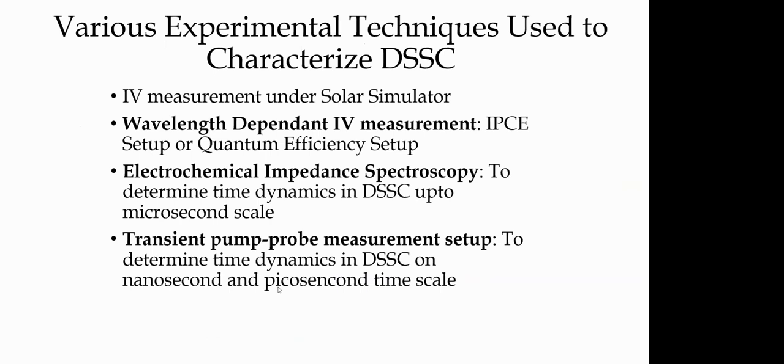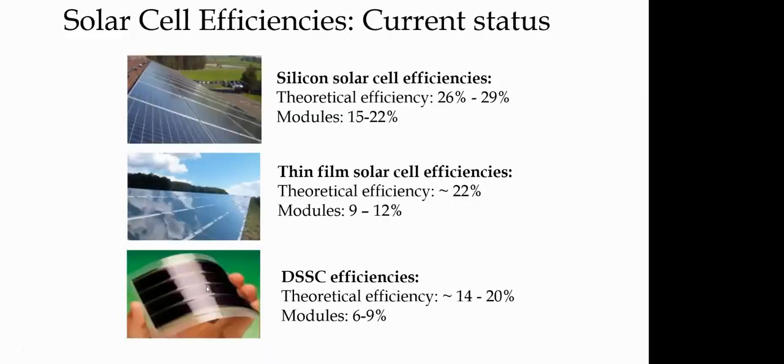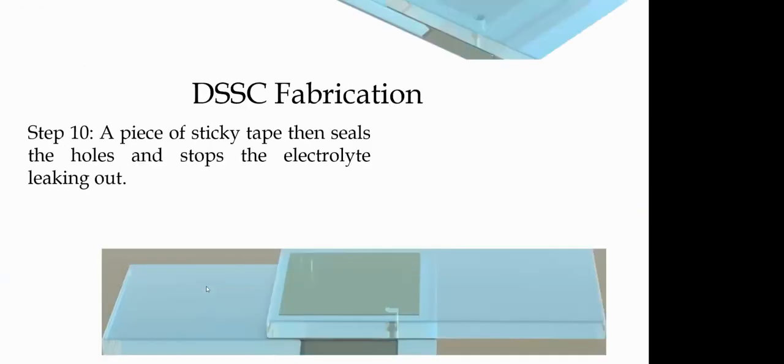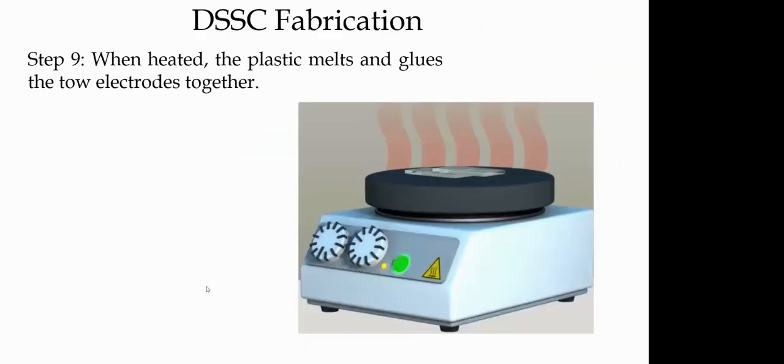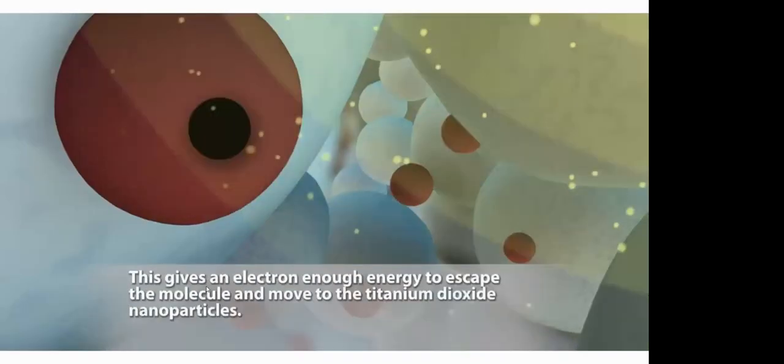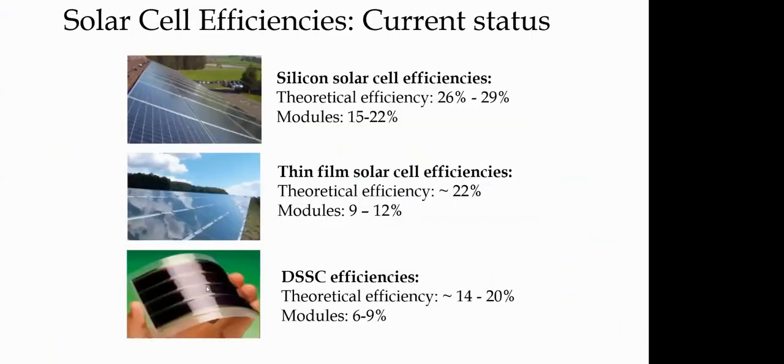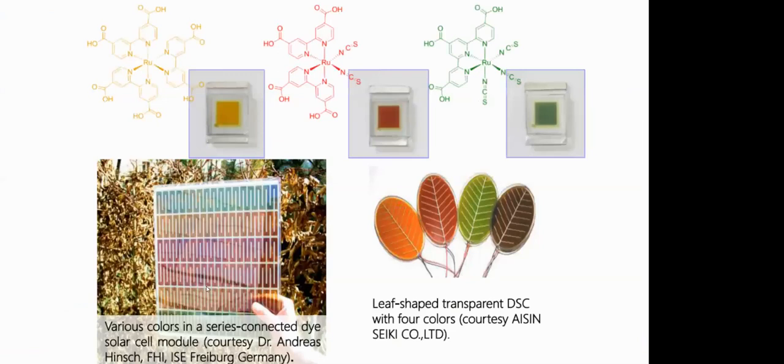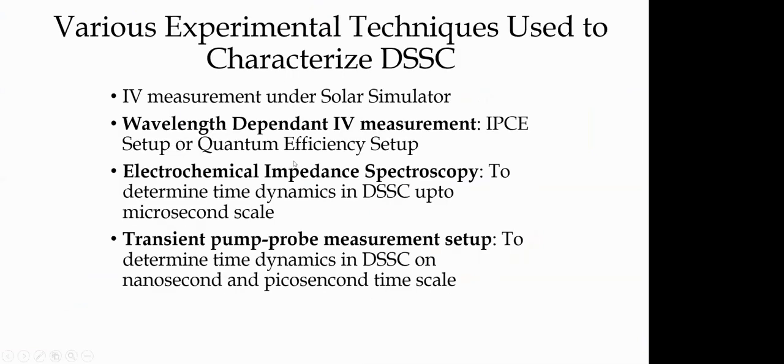Looking into what the characterization is: again, all the characterization techniques that I mentioned in the beginning are used here, with one more technique, transient pump-probe spectroscopy, which is used for determining the time scale, from picoseconds to nanoseconds and then milliseconds. The first three we have already discussed in detail.